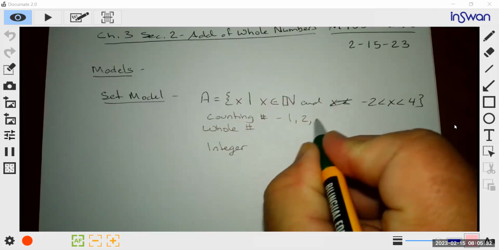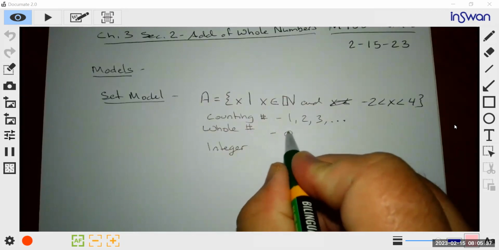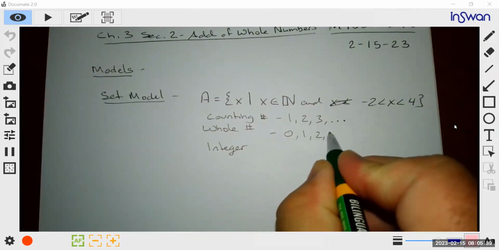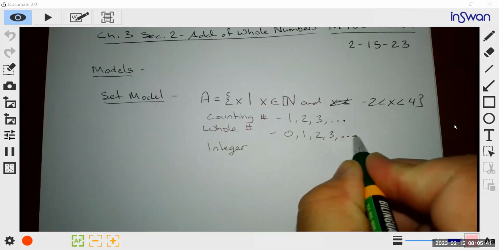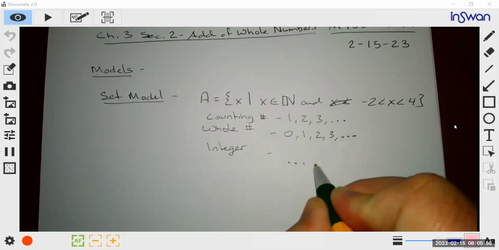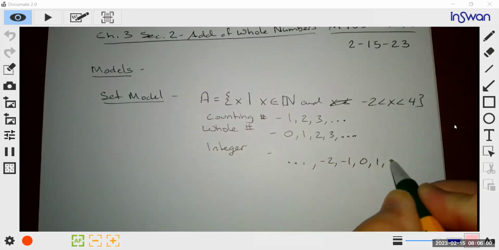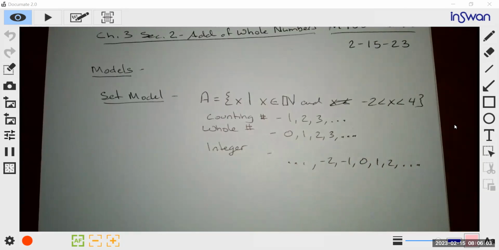Counting starts at 1 and it goes on to infinity. Whole numbers starts with a whole and goes on. What about integers? Where do they come into play? Yep. They could be negative, they could be 0, and they could be positive. They just cannot have decimals.